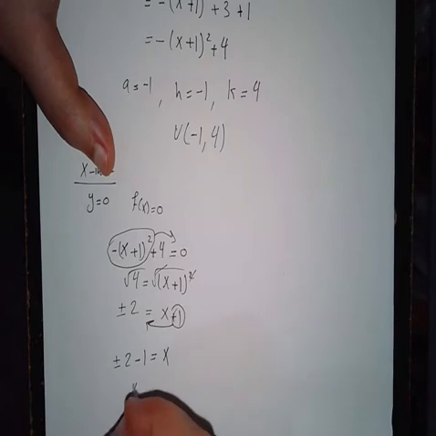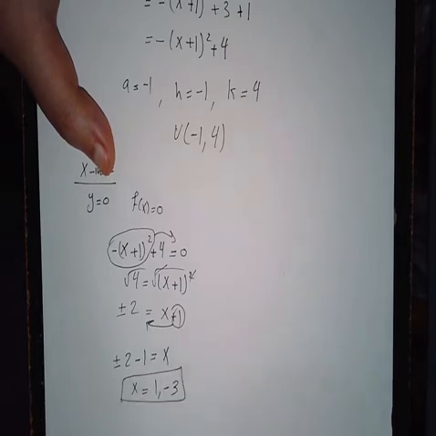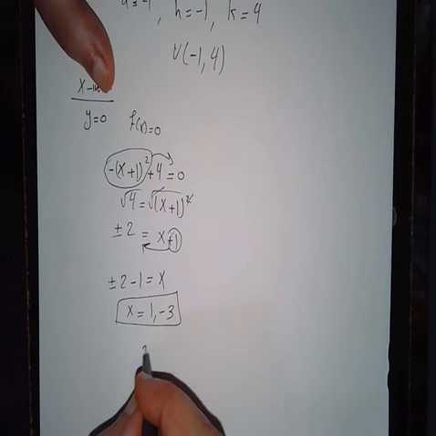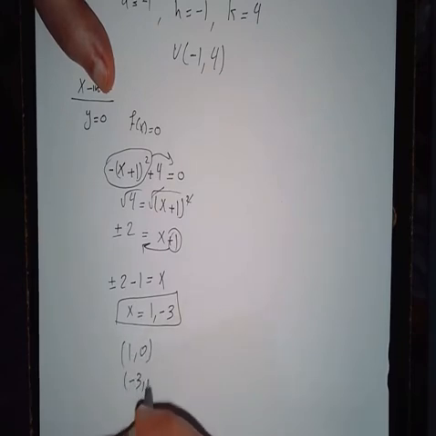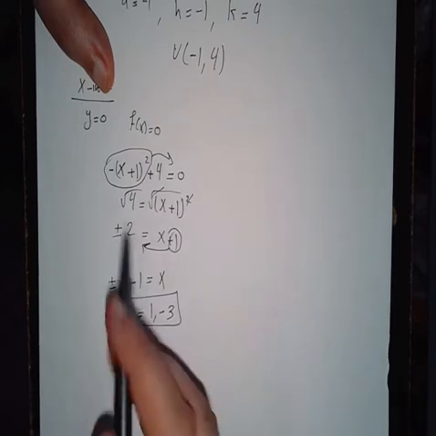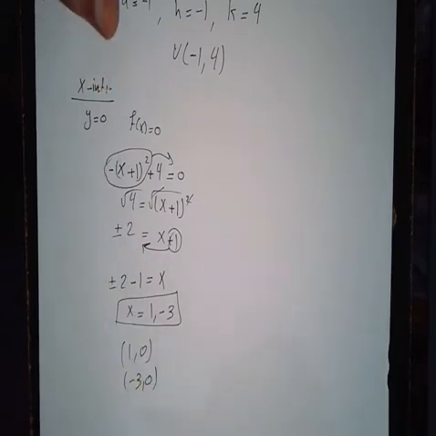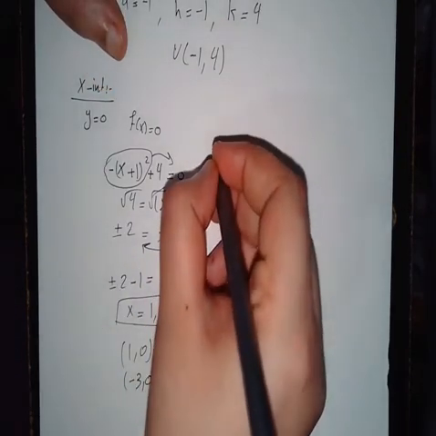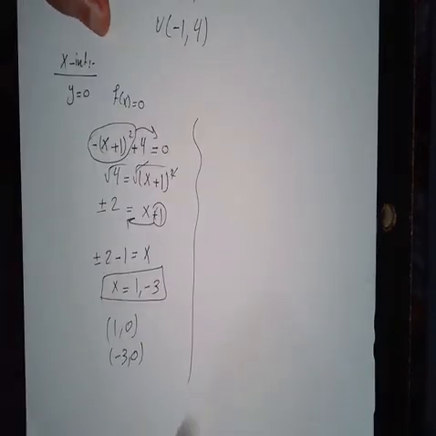So, x is what? It's either 1 or negative 3. And your x-intercepts are going to be 1 and 0, and negative 3 and 0, because again, y has to be 0 in order for it to be an x-intercept. Alright, now let's find the y-intercept.